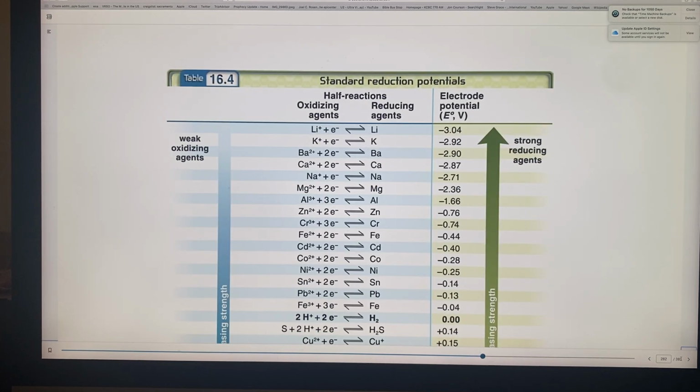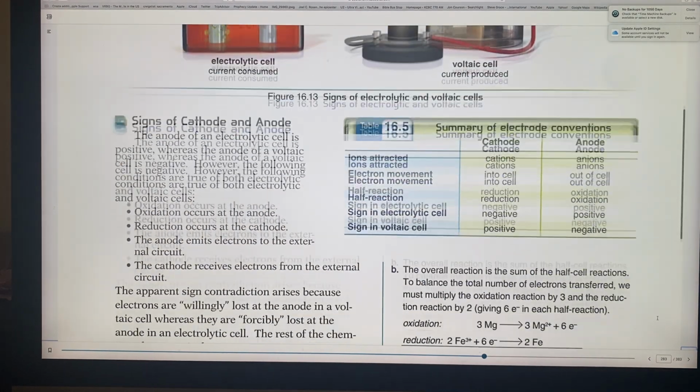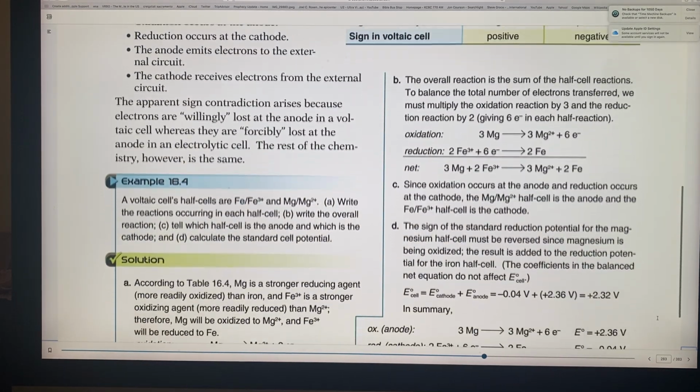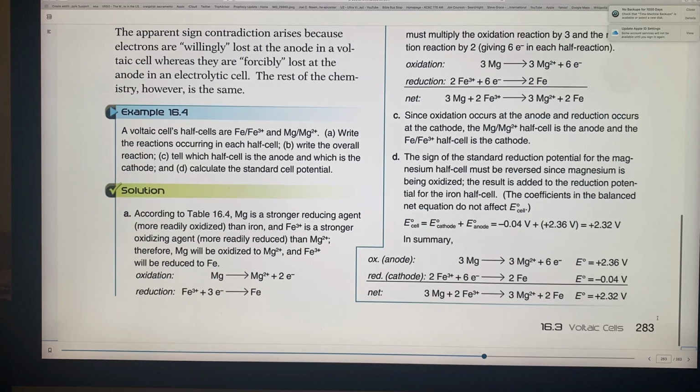Okay, here we go. Negative 0.04 was the iron, 3 plus, 0.044.